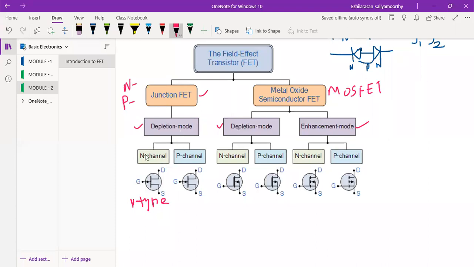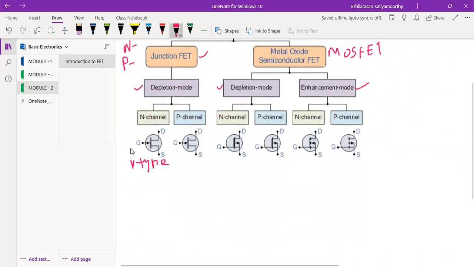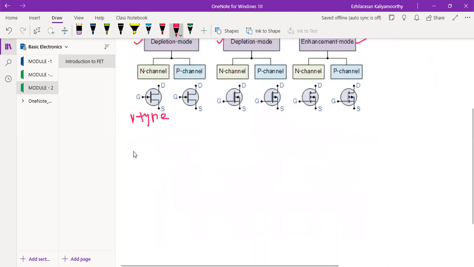Now, the term field effect, which one? The field effect transistor is related to the depletion region formed in the channel of the FET as a result of voltage applied on one of its terminals, the gate. You can recall something about the BJT, as I said earlier, we should know something about the BJT.